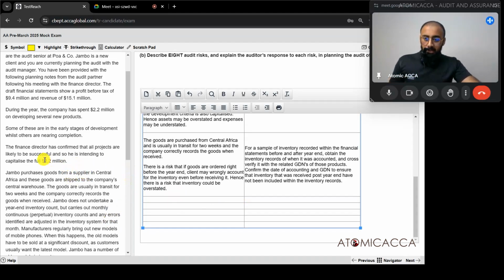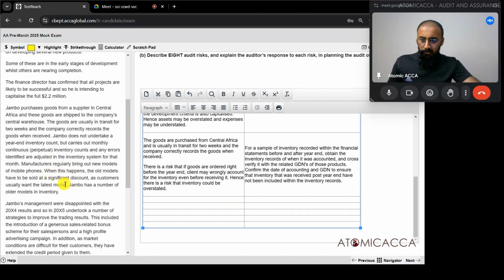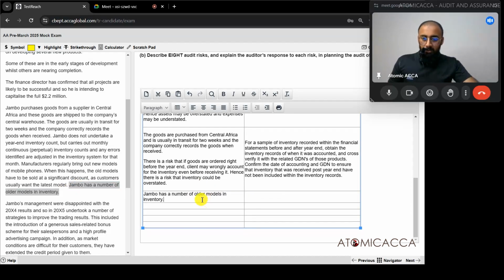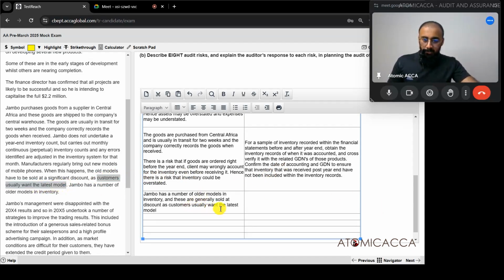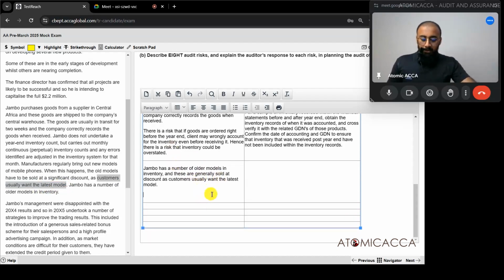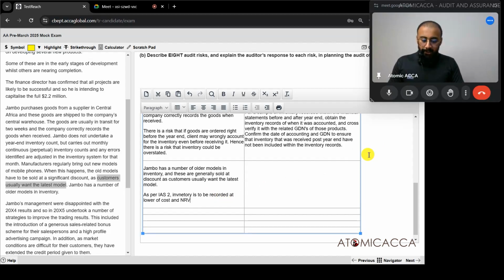Next problem we told was that new model phones and some inventory write down is needed. So Jambo has a number of older model inventory, and these are generally sold at discount as customers usually want the latest model. Now, as per IAS 2, inventory is to be recorded at lower of cost and NRV.